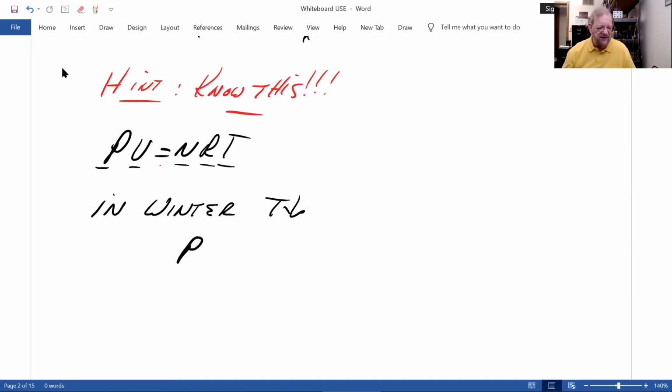Well, if you have PV equal nRT, and this really should be a lowercase n, in your tires, unless you get a flat and then all bets are off, and hopefully you don't, because I've done that, they're not fun. V is constant, the moles is constant, and R is the universal gas law constant.